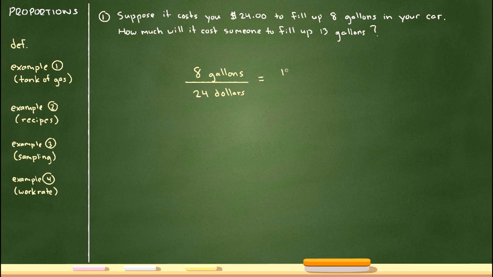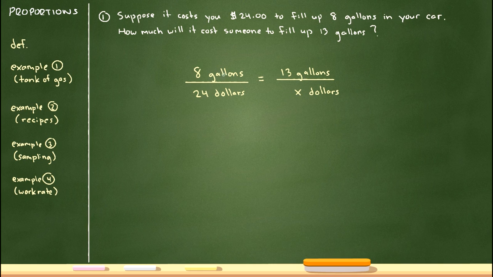So for 13 gallons, how much money do we have to spend? In this case, we're saying X dollars. So the ratio 8/24 is proportionate to the ratio 13/X.